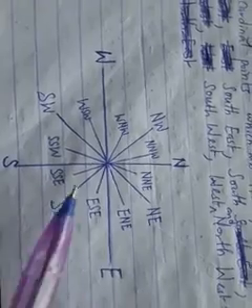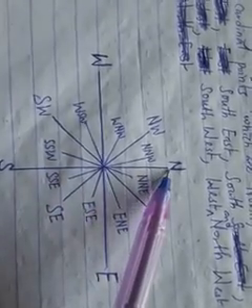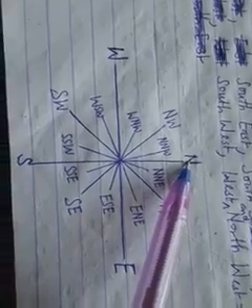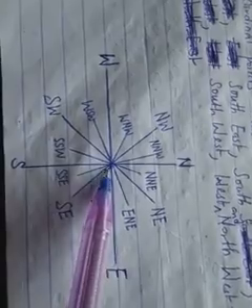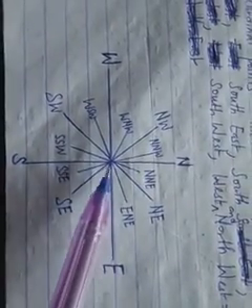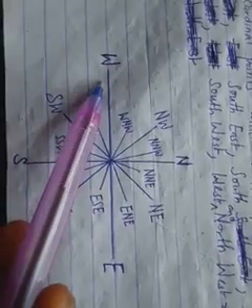You need to be familiar that going up here is the north, coming down is the south, to your right you have the east, and to your left you have the west.